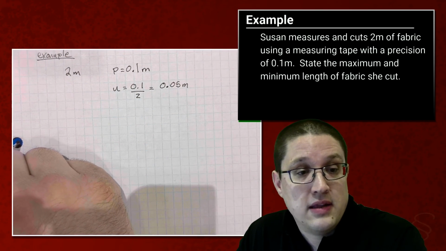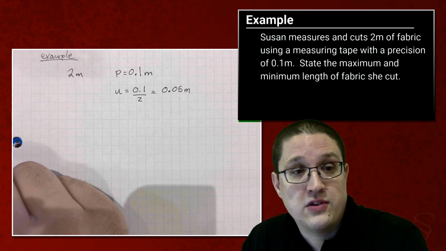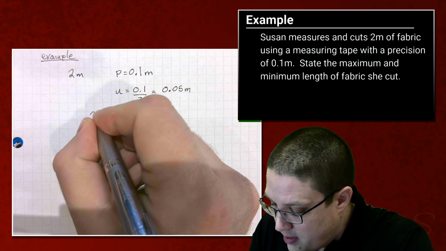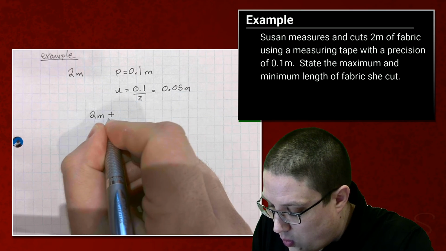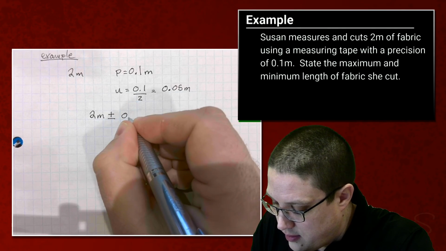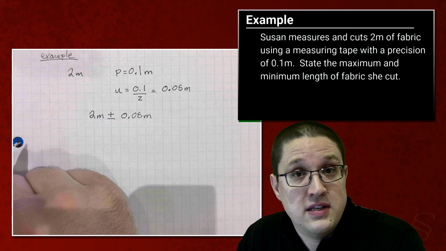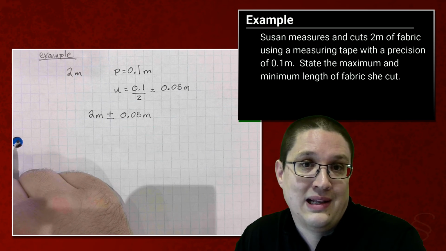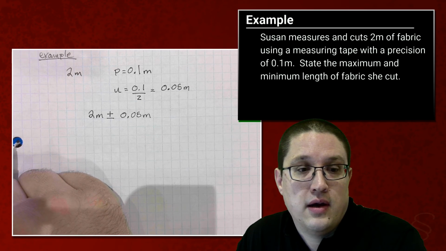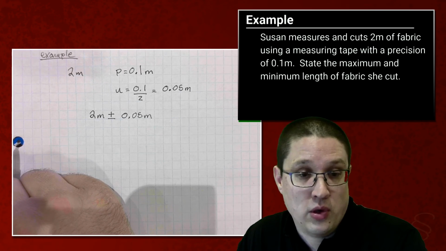We can write this measurement including the uncertainty, something we like to call plus or minus form. So I could write the measurement, which is 2 meters, plus or minus the uncertainty. This is a really useful form because it reads as two little math problems. I have 2 meters plus 0.05 meters and 2 meters minus 0.05 meters.